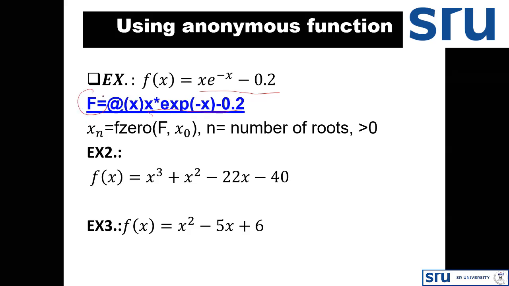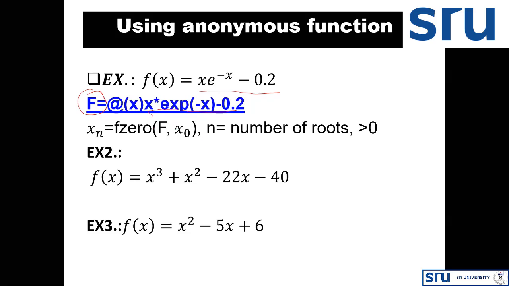Here f is the anonymous function, and then you find the root with the same formula, xn = fzero(f, x0), where x0 is again the initial guess. The only difference is that earlier you passed the total equation as a string, but here you just write f, not the whole expression.